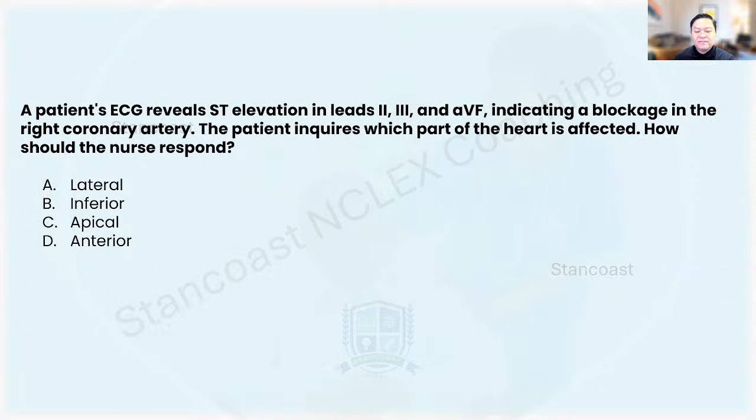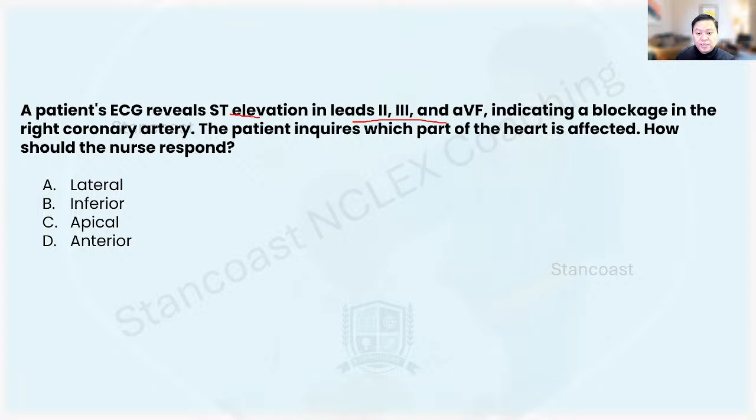Question number 5. A patient's EKG reveals ST elevation in leads 2, 3, and AVF, indicating a blockage in the right coronary artery.